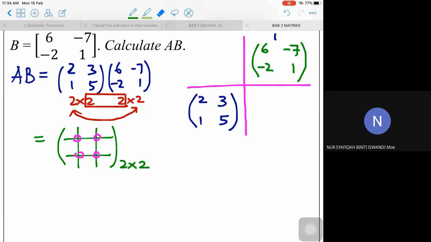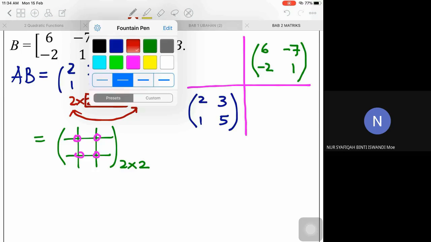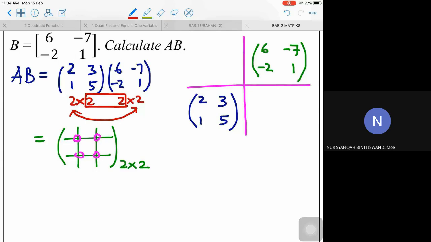All right. So now, how do we do the multiplication? For the first matrix, we do the rows. How many rows? 2 rows. So you draw 2 rows.